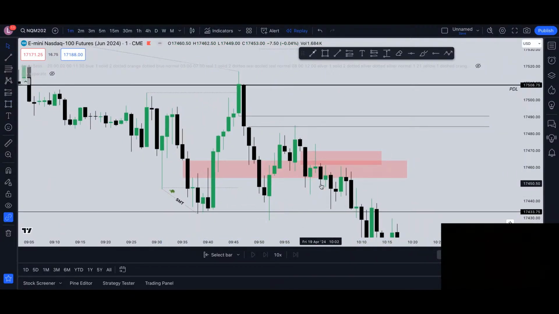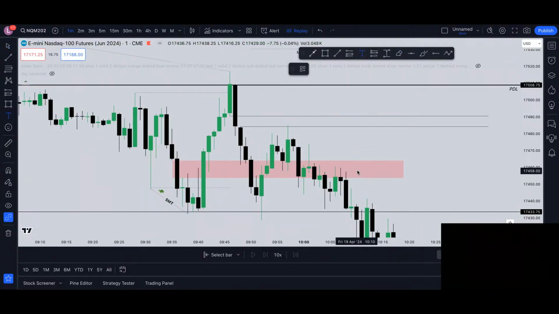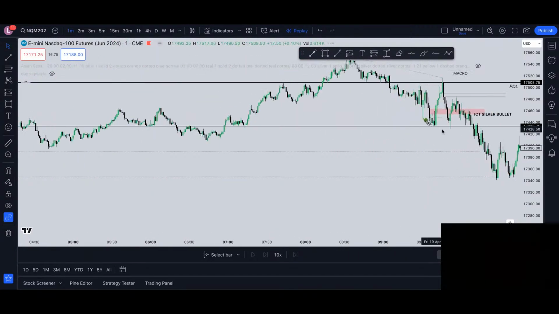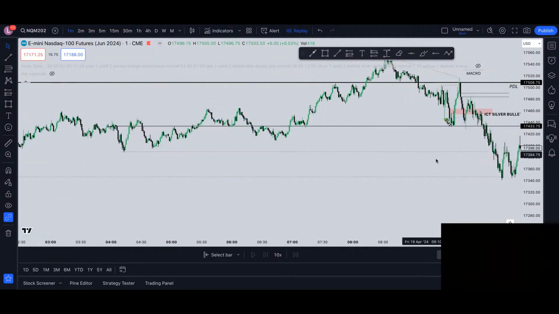Price closed below this candle, 10:02, and this is your ICT silver bullet, targeting the sell side. Where is the sell side? London lows.